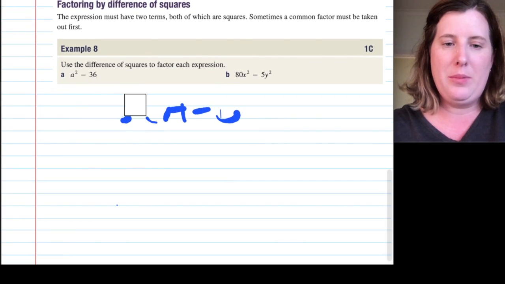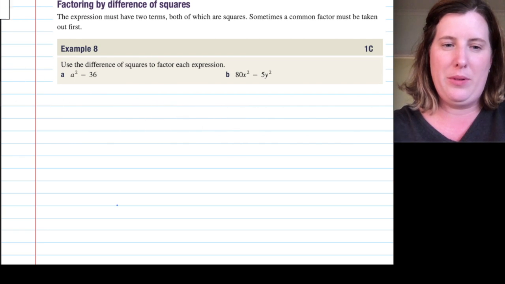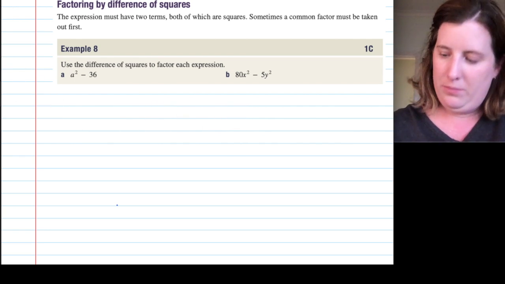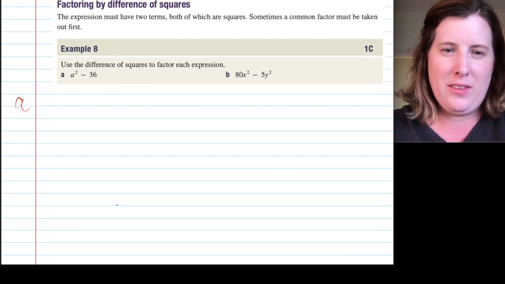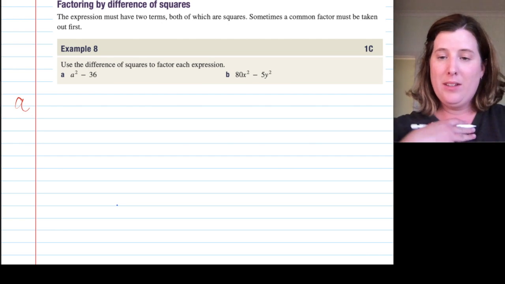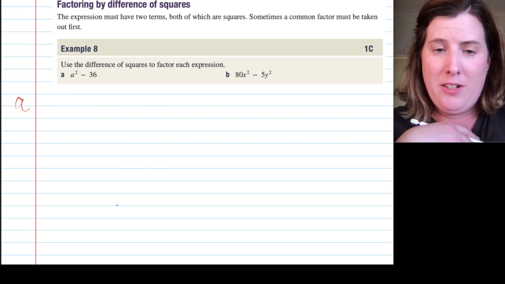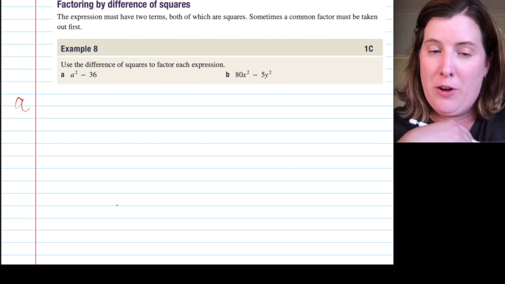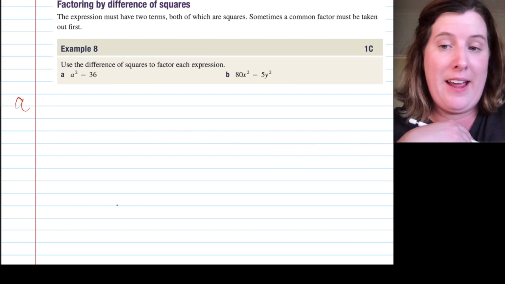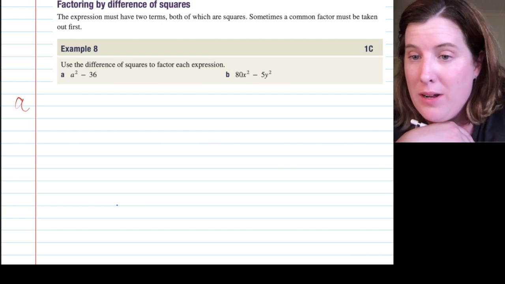I've got the examples here. So we're going to start off with example A. We've got a squared take 36. Every time I see two things separated by a minus, and I don't have much else to go on, I check whether they are both square numbers or can be turned into square numbers.